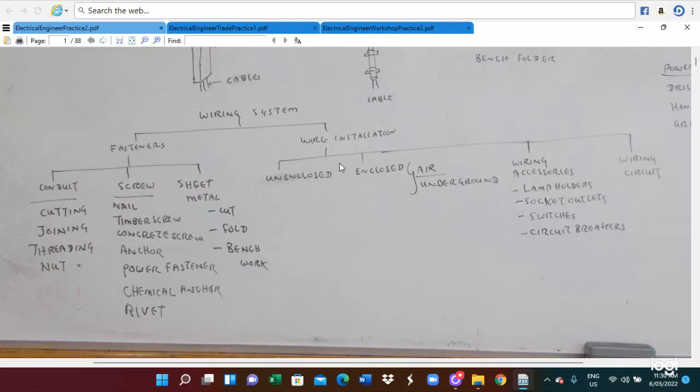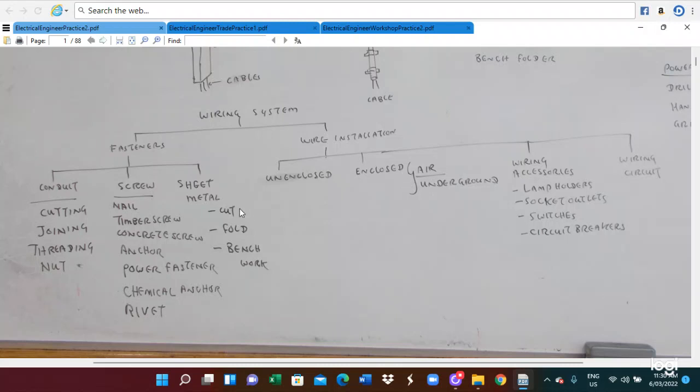Then we have to install the wire. The wire installation can be enclosed, in air, or underground. Those are the wiring system installation. The wire is rubber with insulation, so we can call it an enclosed system.